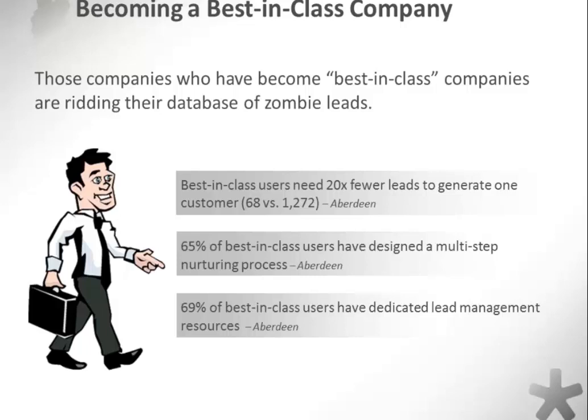So the first thing that I think we should all have top of mind is that best-in-class users need 20 times fewer leads to generate one customer. That's a pretty staggering statistic, I believe, that it's 20 times less the effort once you have an automation practice in place. 65% of best-in-class users have designed a multi-step nurturing process, meaning that they have put a process around all the complexity and have documented it and are socializing it around the company, and they're using it when they engage with their sales and IT counterparts.